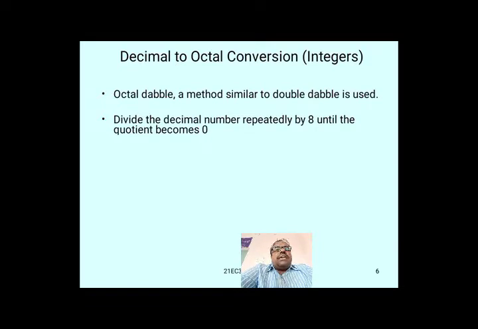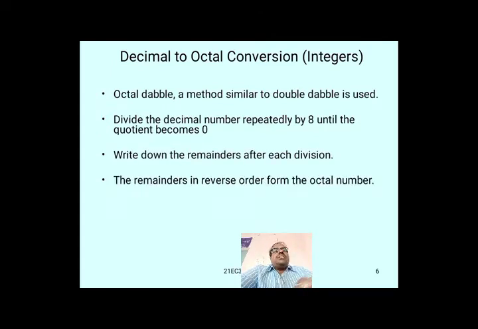Here, divide the decimal number repeatedly by 8 until the quotient becomes 0. Whatever decimal number we have been given or have chosen, repeatedly divide that decimal number by 8 until the quotient becomes 0.